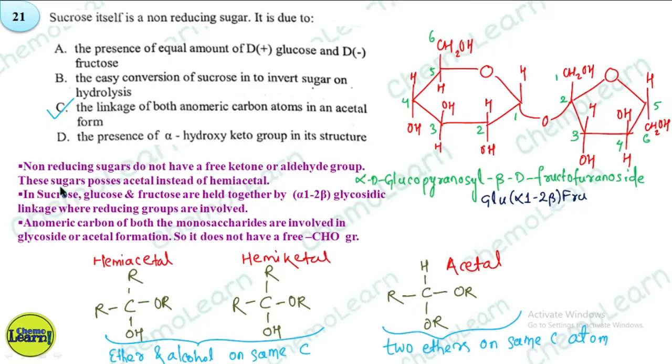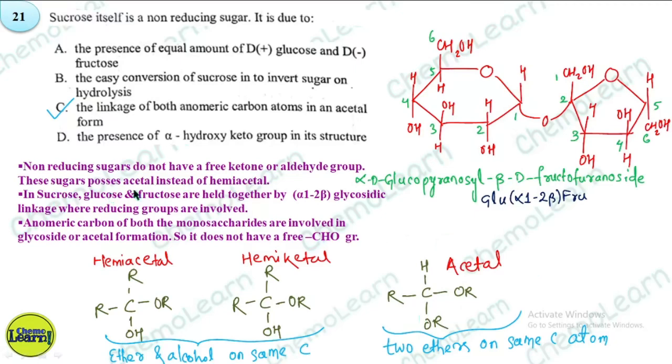And you know, non-reducing sugars do not have any ketone or aldehyde group. This sugar possesses acetal instead of hemiacetal. It possesses the acetal group.